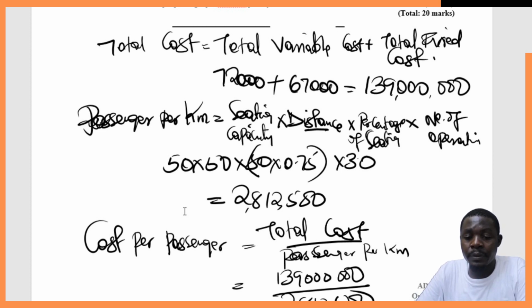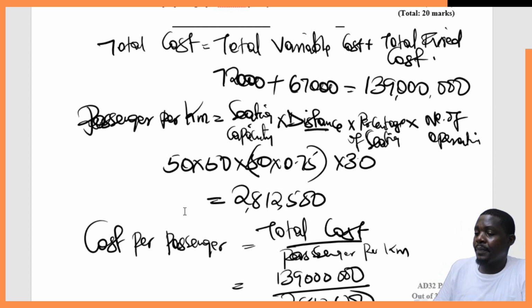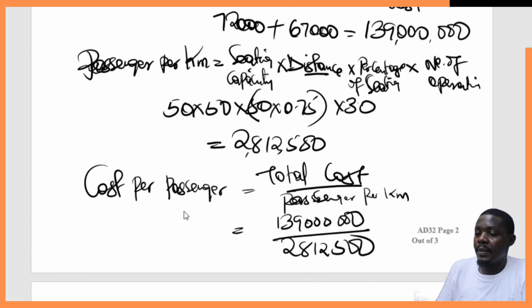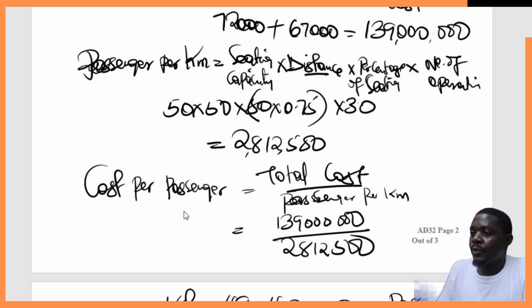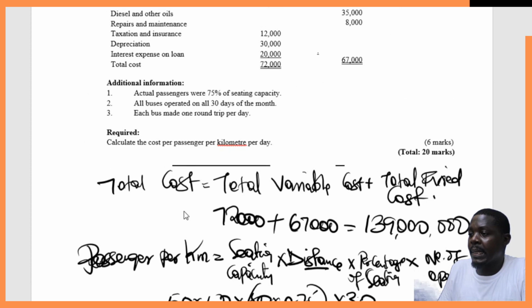Dividing, the answer is 49.42 Kenya shillings per passenger. That's what they needed to get your 6 marks.